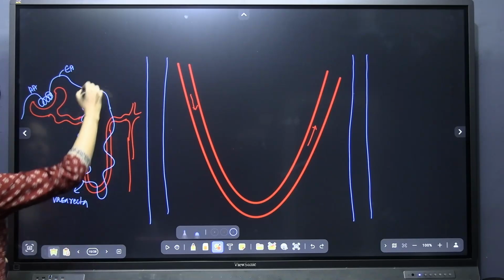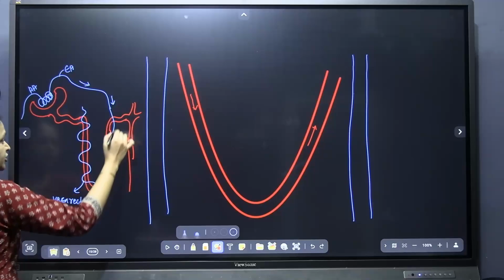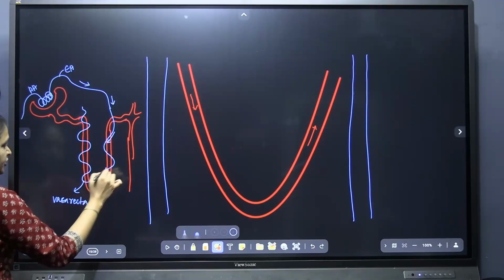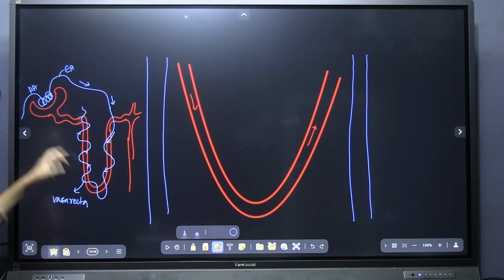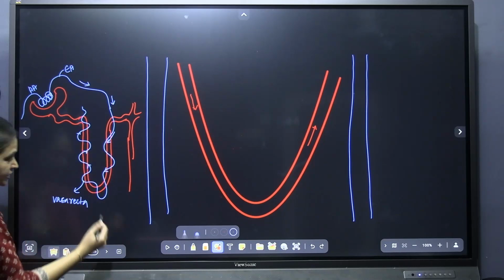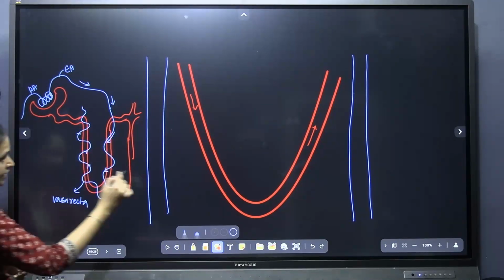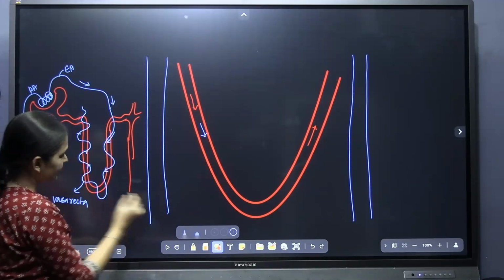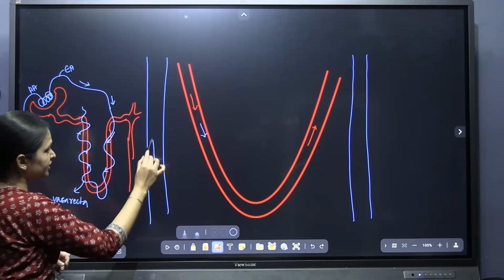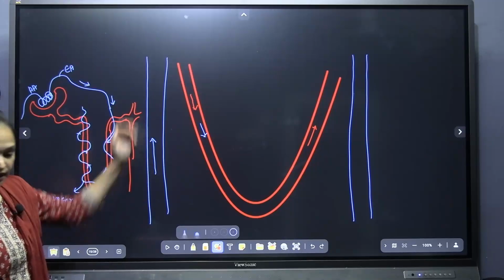If you can see, what is the direction of blood flow here? It is flowing in this direction. Which means, in the descending loop of Henle, the urine is flowing in this direction, and the blood here is flowing in the opposite direction. So one is downwards and another one is upwards.